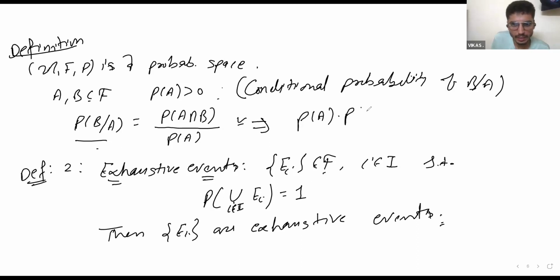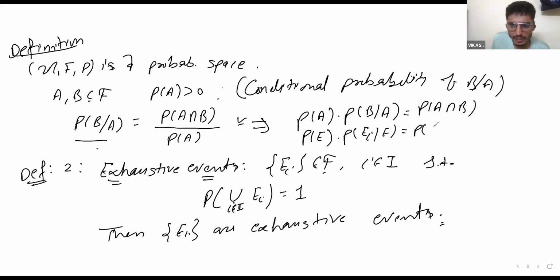I can write it as probability of B given A, that is A intersection B. So if I just replace A by E and B by EI, then this is simple. I'm just replacing those events.